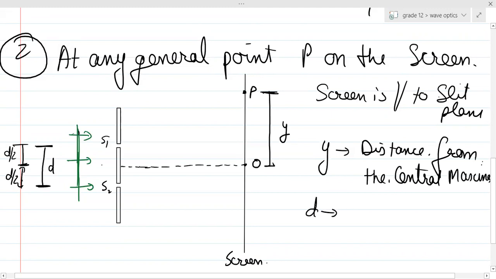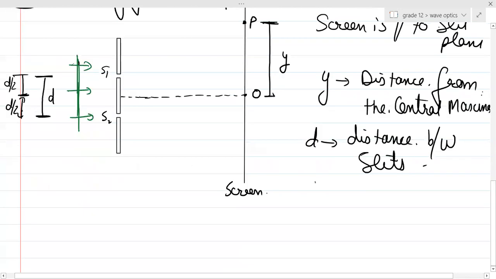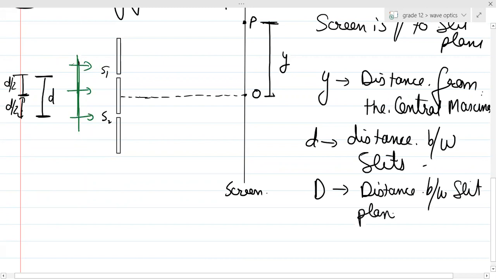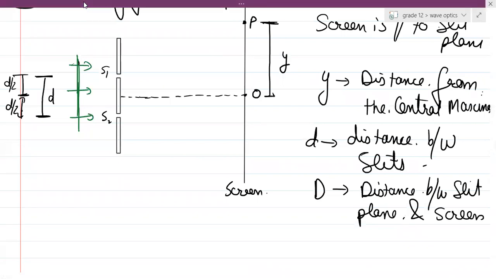Small d is the distance between the slits. What is capital D? Distance of slits from screen, that is, the distance between the double slit plane and the screen. So this we all know. Is it clear? Now see, guys, what will happen?